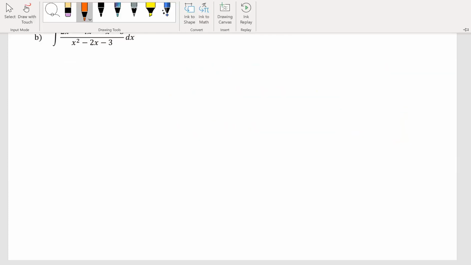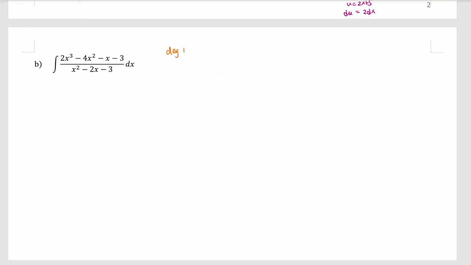Okay, so let's look at this example. First of all, is this a proper fraction? The degree of the numerator is 3. The degree of the denominator is 2. This is improper. Well, when we have improper fractions, what do we do? Make it proper, so use long division. This is 2x cubed minus 4x squared minus x minus 3, and this is x squared minus 2x minus 3.